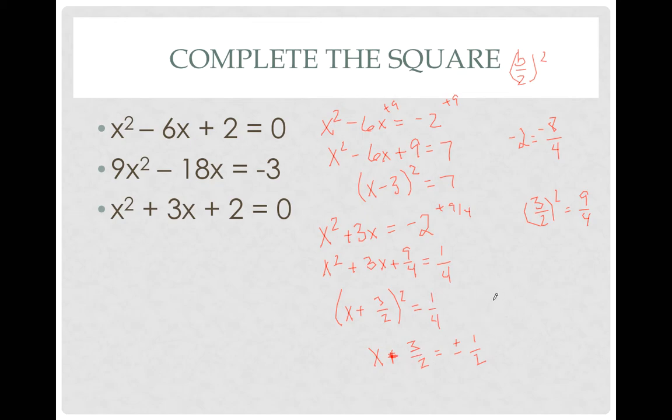And we're going to subtract 3/2 from both sides. Positive 1/2 minus 3/2 is negative 2/2, which is negative 1. And negative 1/2 minus 3/2 is negative 4/2, which is negative 2. And there are your 2 answers.